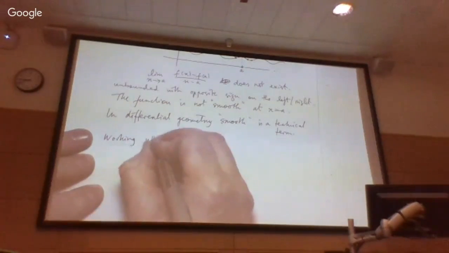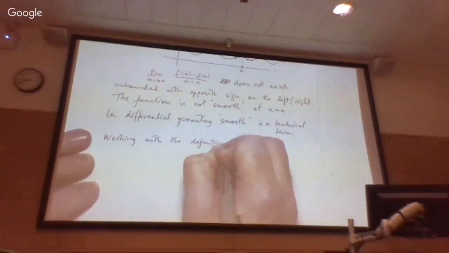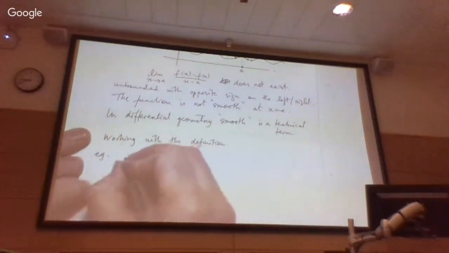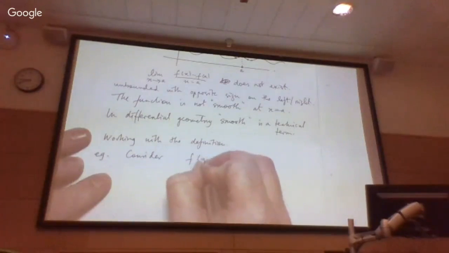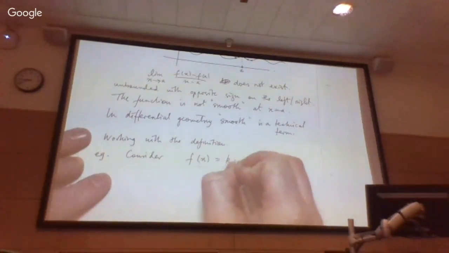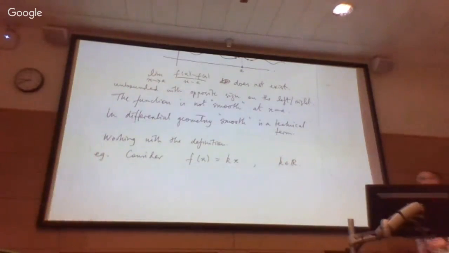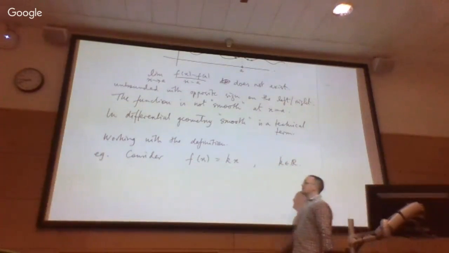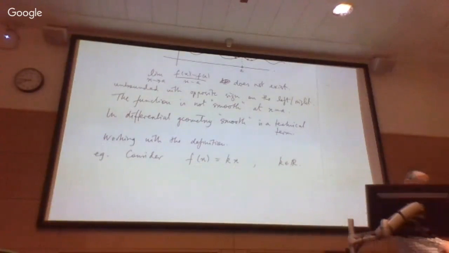Okay, so working with the definition, we'll look at one example. Consider the function f of x equals, say, k times x. K is some real number. So we're looking just at the function that is some multiple of its argument.